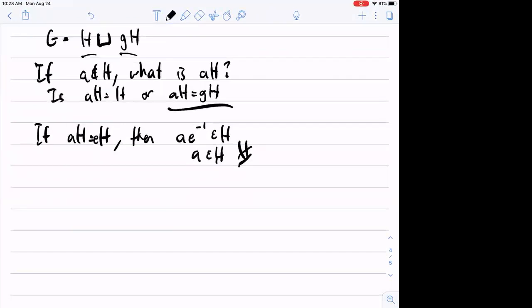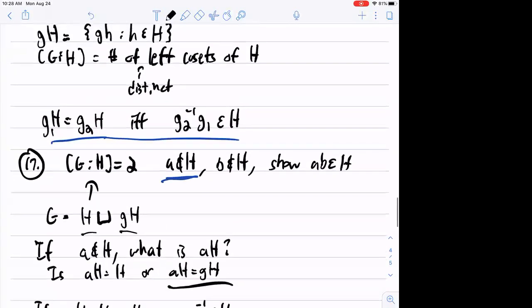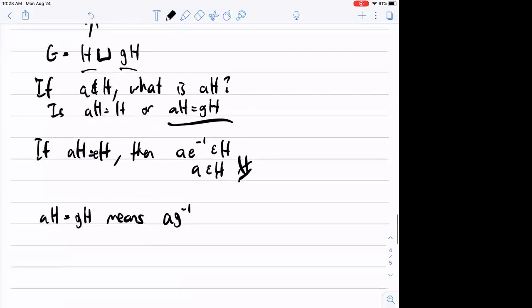But okay, so AH equals GH means A G inverse... Sorry, it's inverse on the right. G inverse A is in H. Yeah? Everyone clear?